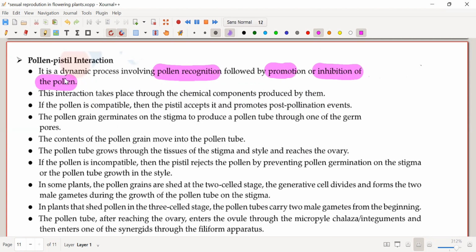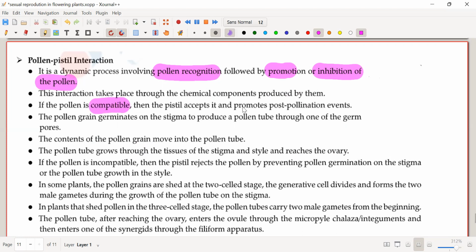A stigma recognizes that this pollen is from my own species. Automatically, it will promote the pollen tube to enter it, or else, if it is from a different one, it will inhibit the pollen. This interaction takes place through chemical components produced by them.